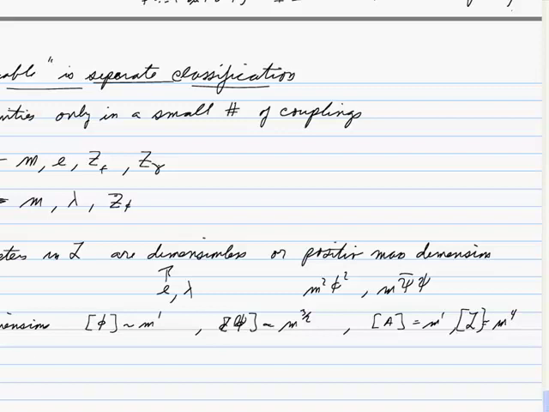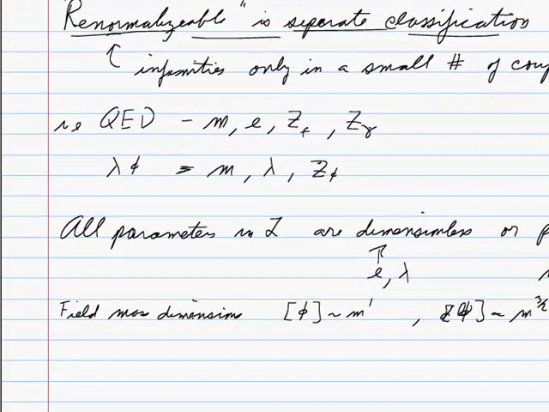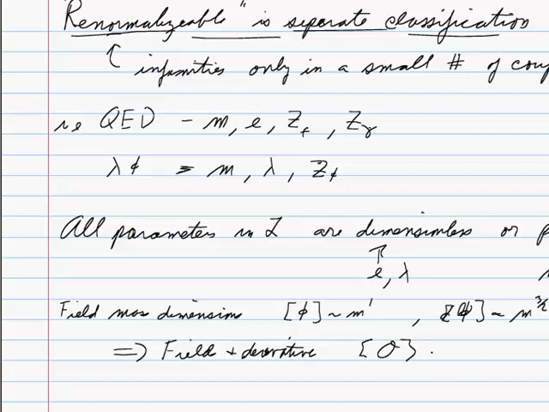So this then tells us that if you want positive mass dimensions or dimensionless, the fields and derivatives have to be such that whatever the operator is in the Lagrangian, it has to be dimension less than or equal to mass to the fourth.